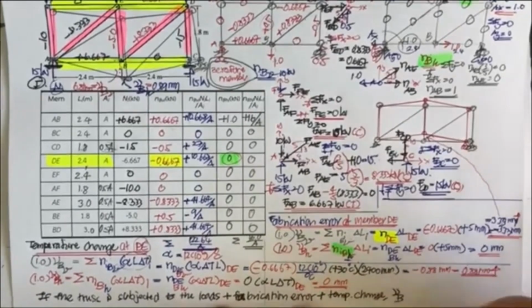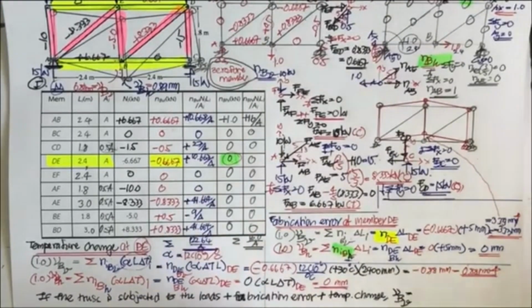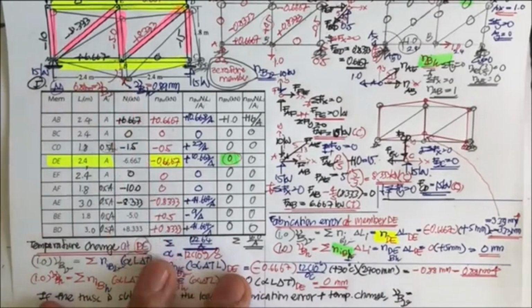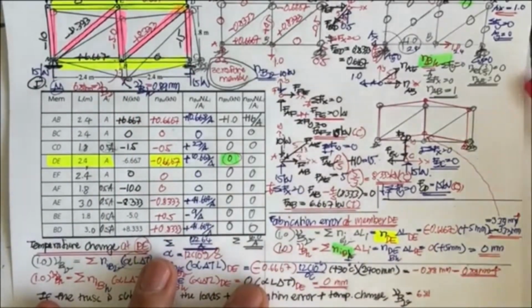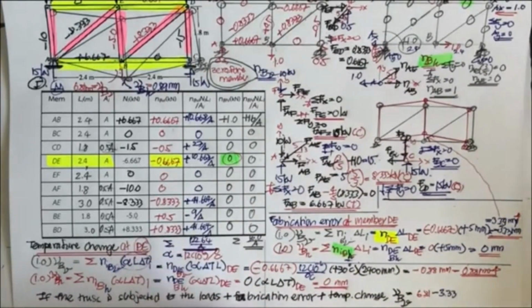the V sub B vertical is going to be what? The first one is here downward 6.81, and you have this one upward, minus 3.33, and this one also minus 0.88.